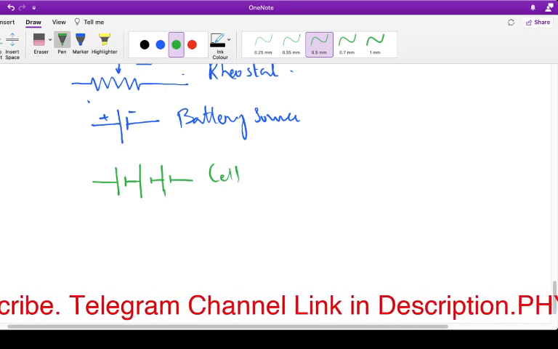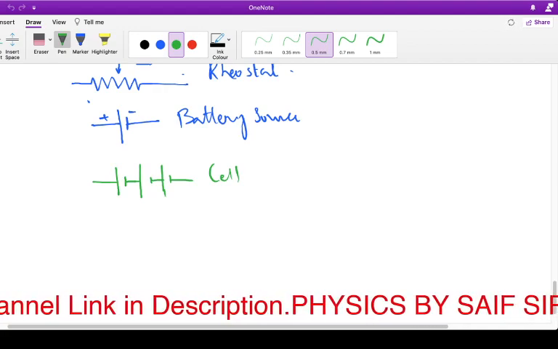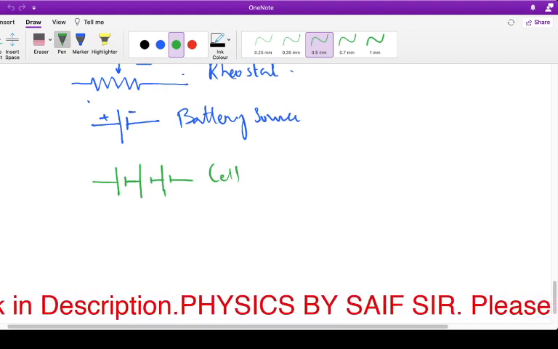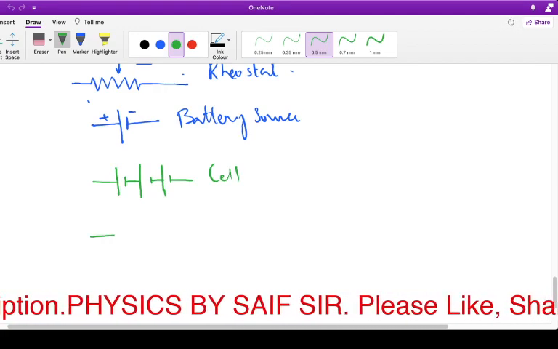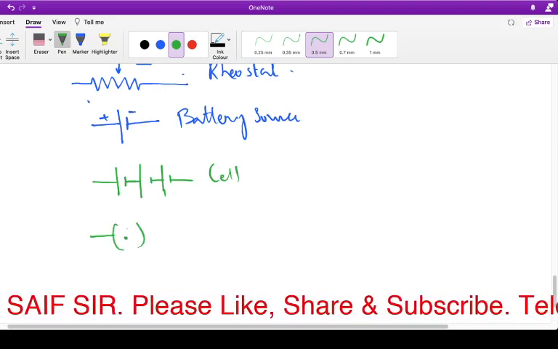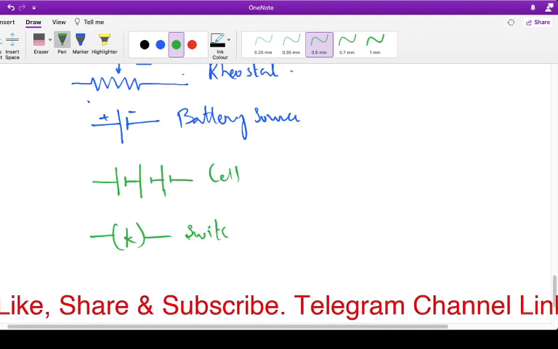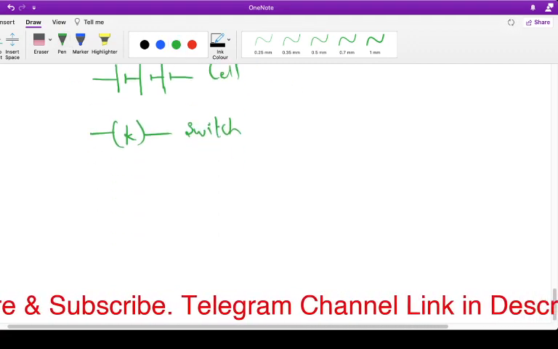As you are using many battery sources, that is called a cell. Now coming to another symbol, you can either write a dot or write K here. It is called a switch. It is used to switch the circuit on or off.